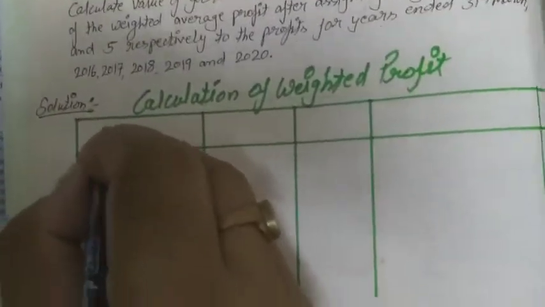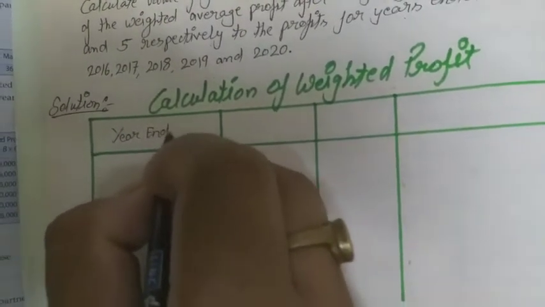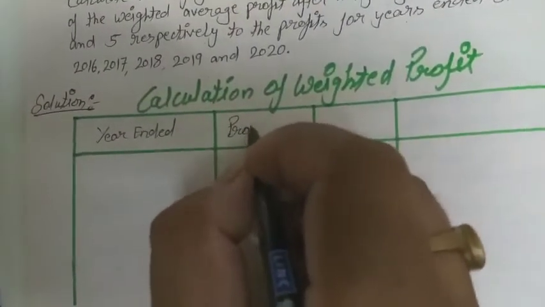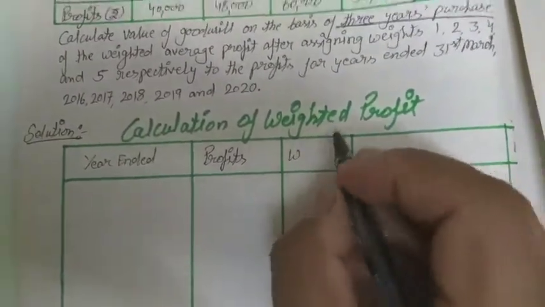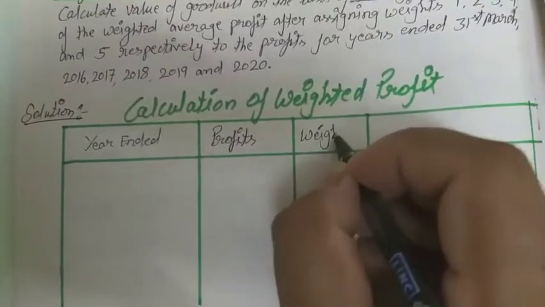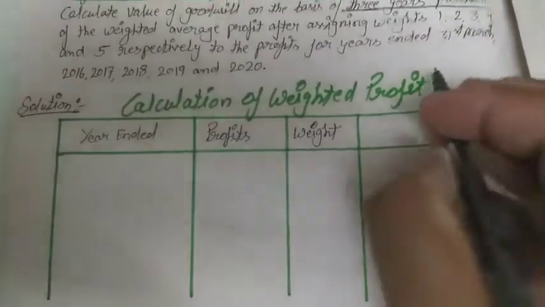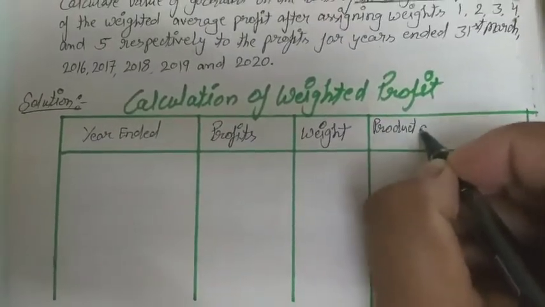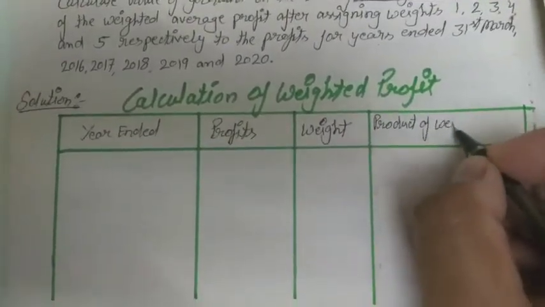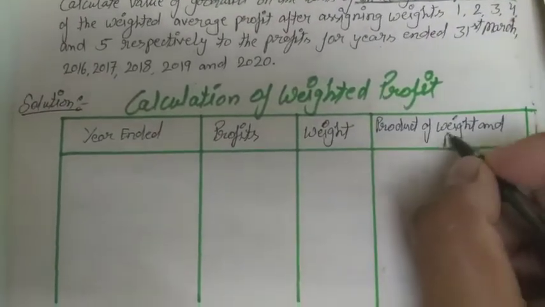First this column is for year ended, then profits for the year, then weight, what weight is given for the particular year, and here is the product of weight and profits.